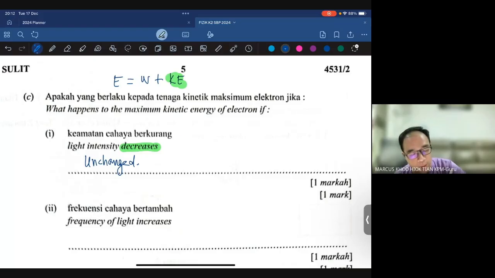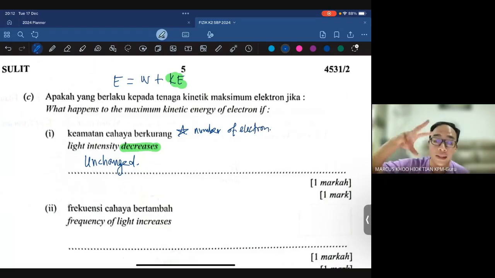Okay, and you should make a note here: the light intensity only affects the number of electrons. This is true. If the light is brighter, the more intense the light, the more electrons will be released. But how much kinetic energy the electrons have doesn't depend on the brightness of the light.